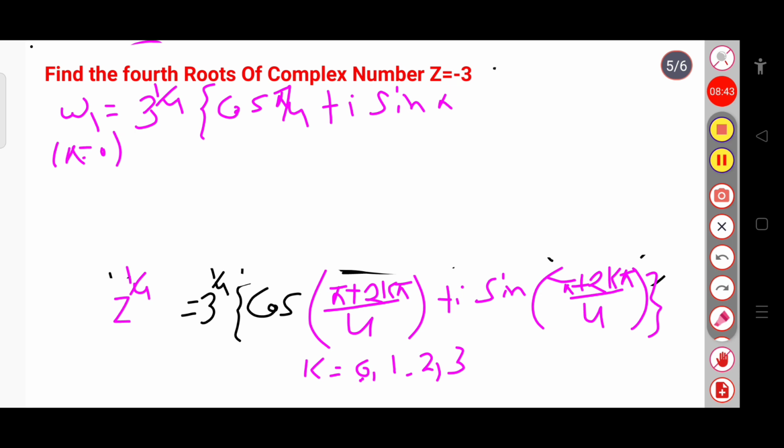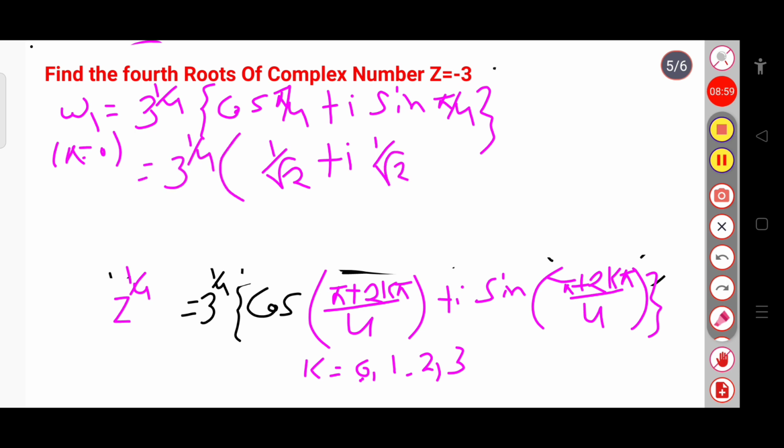Now cos pi by 4 is 1 by root 2, and sin pi by 4 is also 1 by root 2, multiplied by 3 power 1 by 4. So this is the first root.